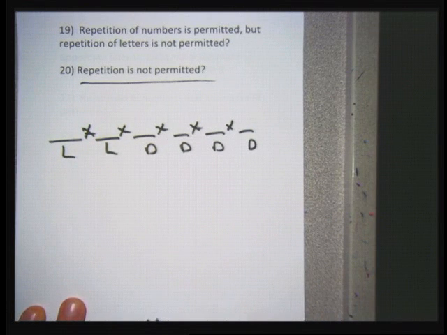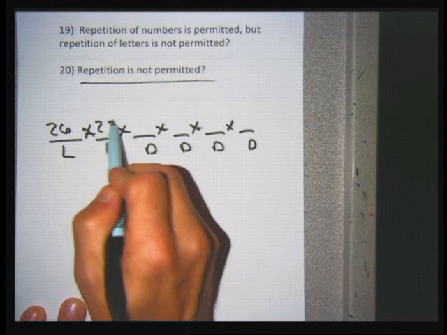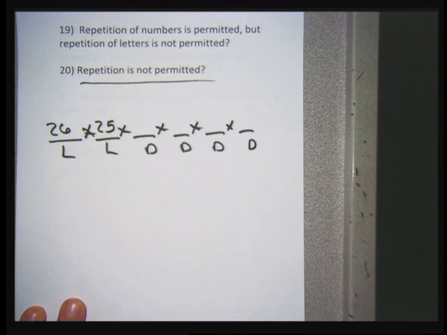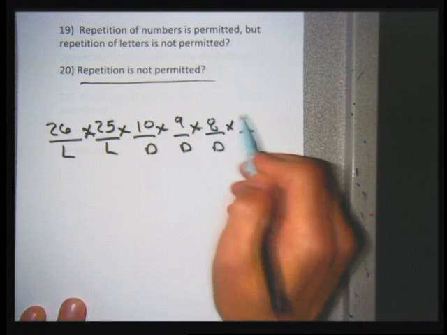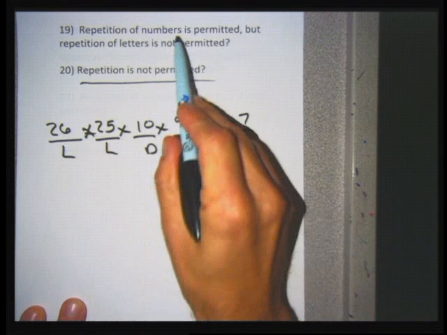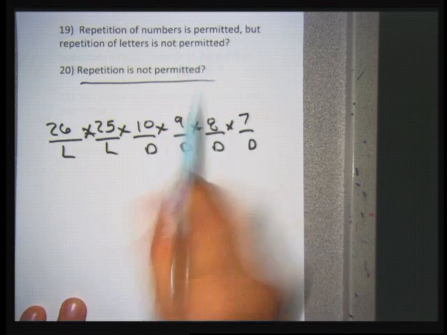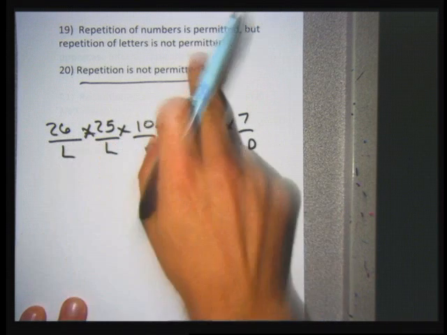I don't have specific letters that are required in specific spots. So my first letter is 26, then 25, and then 10, 9, 8, and 7 for no repetition on the digits. For yours, repetition of numbers is permitted, so your digit part is going to be straight 10s. Your letters are going to increment down because you're not allowed to repeat those.